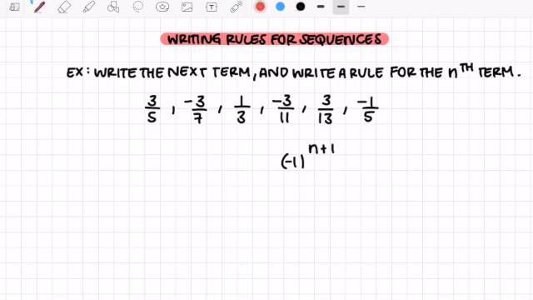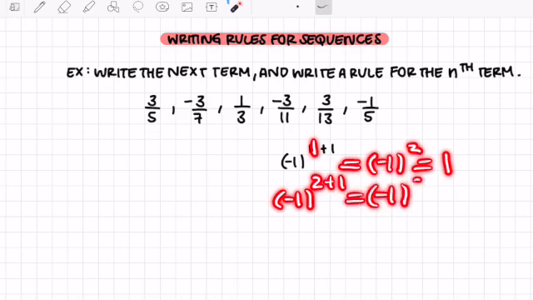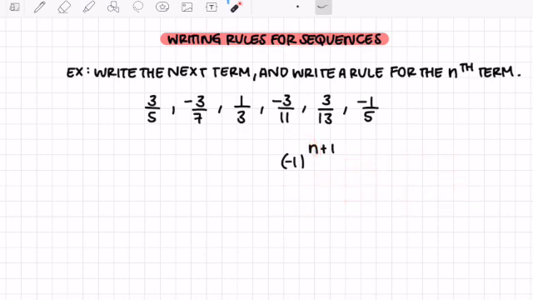Because if I were to use the power of 1 here, sorry, for the first term, then we get -1 to the power of 2, which would make your number positive first. Then after that, 2 plus 1, if you were to change it, -1 to the power of 3, that would turn your number negative.